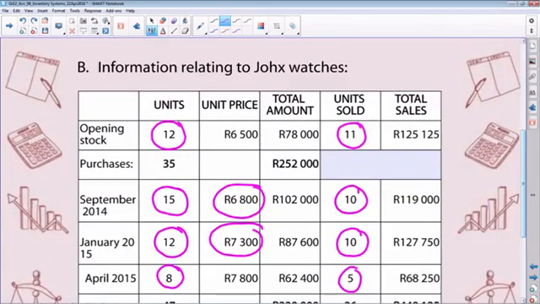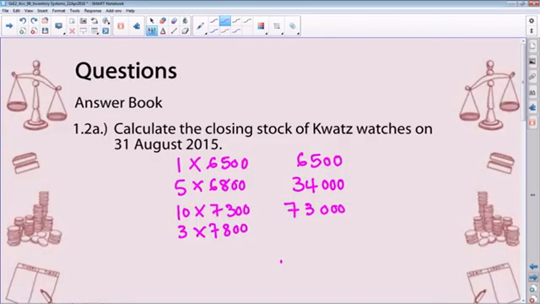So we had 2 at 7,300. So we've got an error here. Let's correct our error. It's supposed to be not 10, but 2 at 7,300. So let's erase that. You see how important it is to check your work? Very important to check your work.